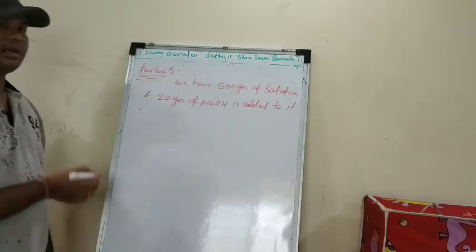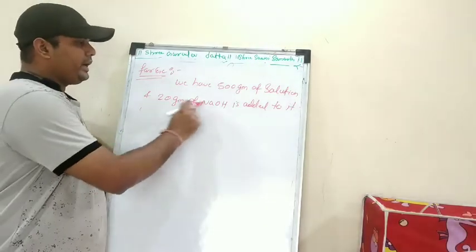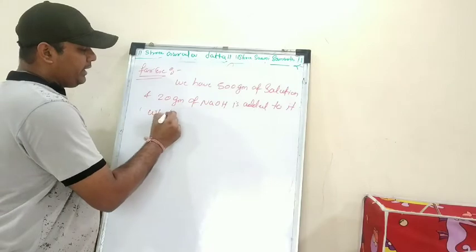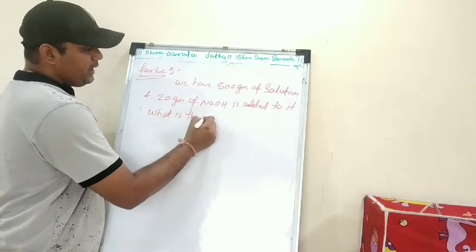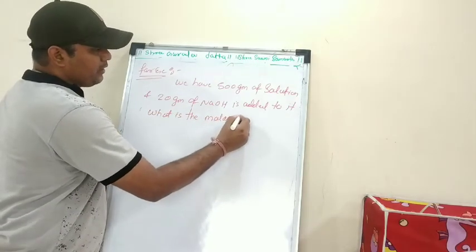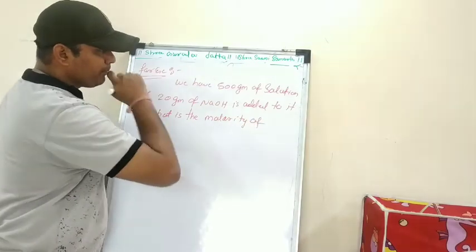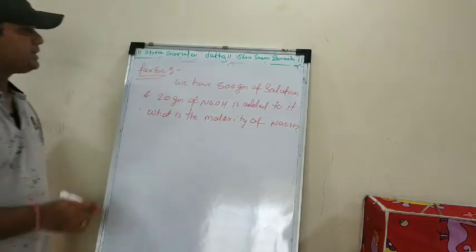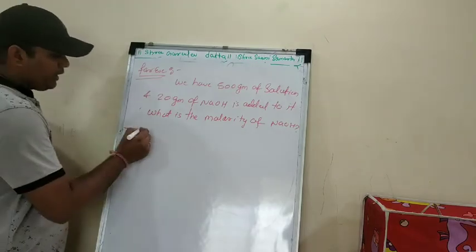We have a 500 gram of solution and 20 gram of NaOH is added to it. Then what is the molarity of NaOH? Right? So in this case, how to calculate this?